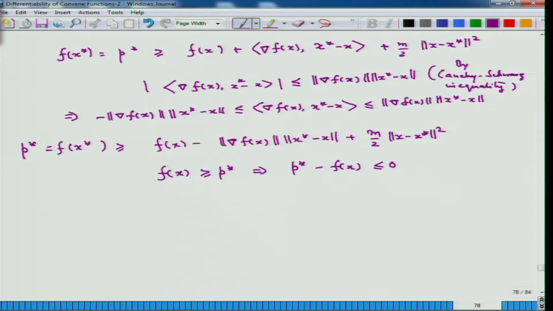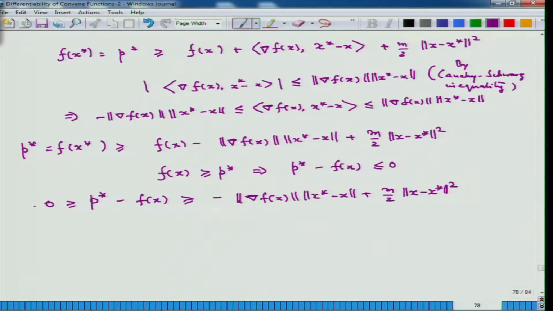Now, from here I will get p star minus f x is greater than or equal to minus norm grad f x norm x star minus x plus m by 2 norm x minus x star whole square. Now, what do you get from here? This is what I know to be less than 0.